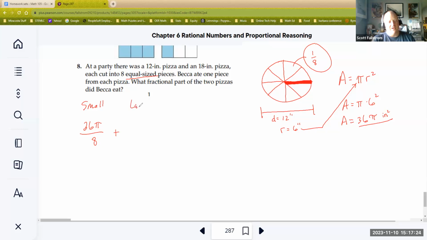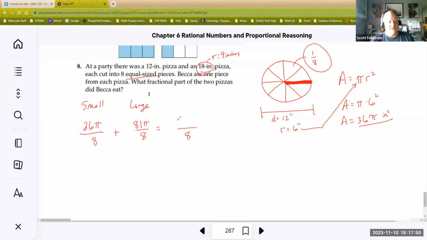Then we have the large pizza, and the large pizza would be an 18-inch pizza, which again would be a radius of 9 inches. And so doing the same thing, pi times 9 squared would be 81 pi over 8. Okay. So if we add these together, they're all over 8.